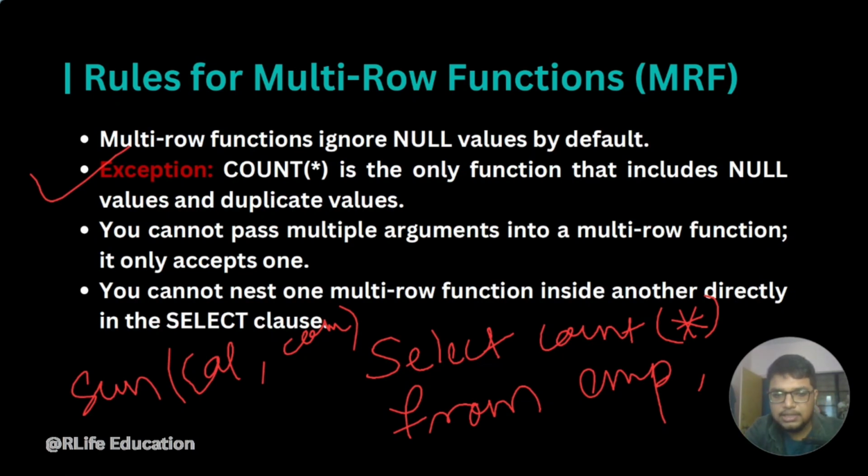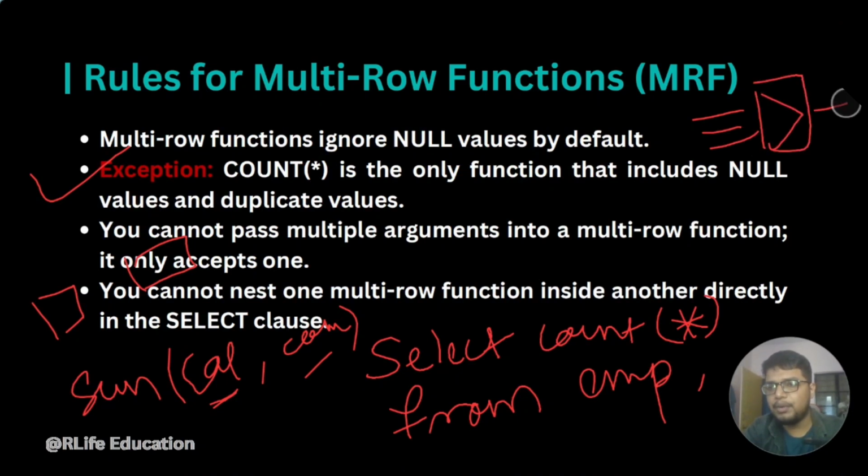If I find the sum of salary, it gives me one result. If I find the sum of commission, it gives one result. But a multi-row function aggregates whatever input we give it and gives one single output. In this case, it is not going to give a single output, so we are going to face some issue.